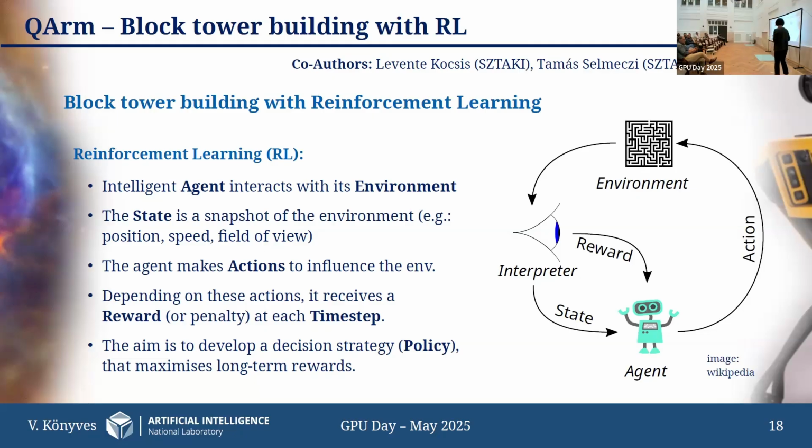Then the teaching starts: the robot makes a move, an action, and our feedback to each action to motivate the robot is either a mathematical reward or a penalty, depending on whether this action is going toward solving the task. The aim is to develop a policy, a decision strategy, which maximizes the long-term rewards. Like this, we make sure that the task we wanted will be learned.